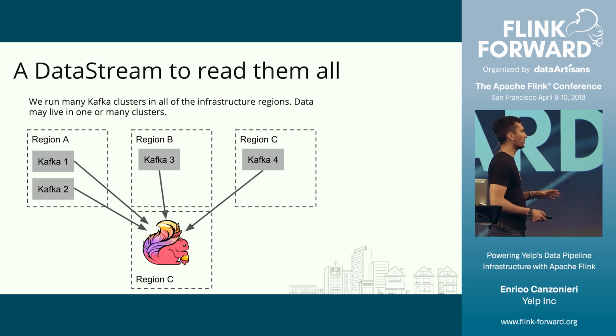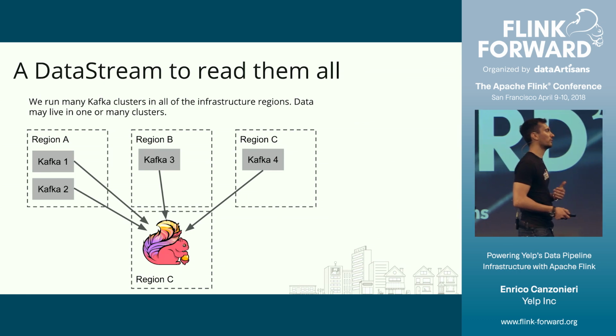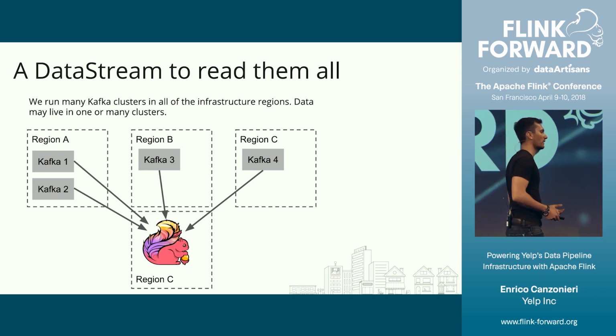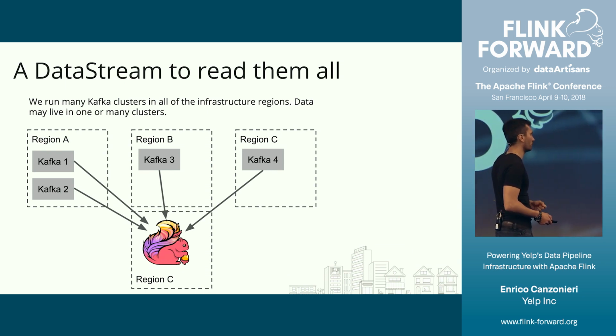I think this solution is pretty good to get started, but then if you want to do something more complicated on event time, your application can start suffering from reading at different latency from different clusters. So something that we are looking at for the future is trying to pre-aggregate the data into an aggregated Kafka cluster.